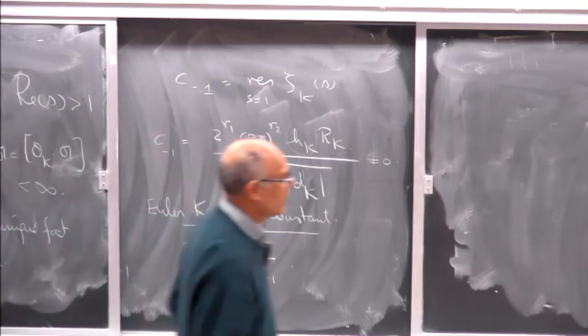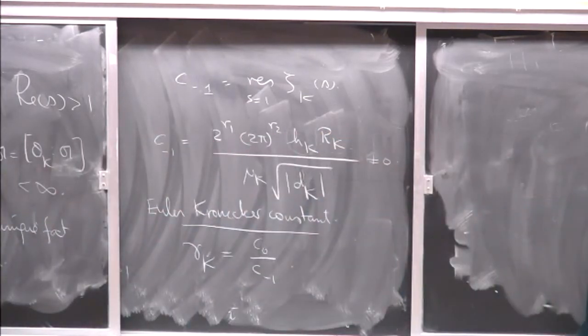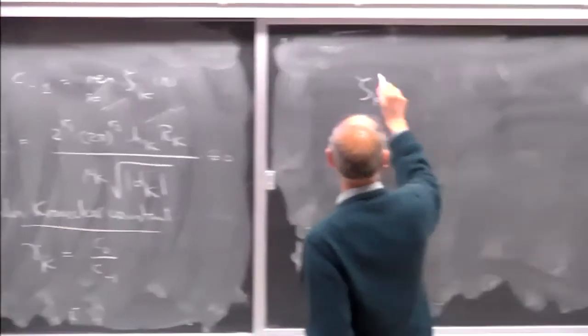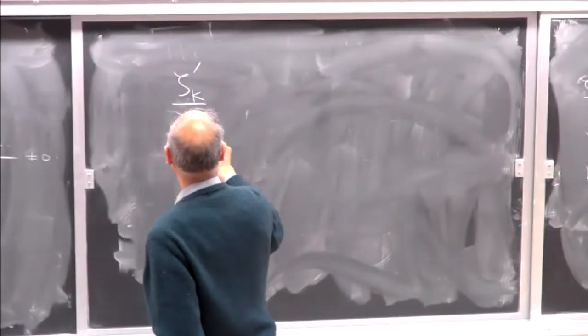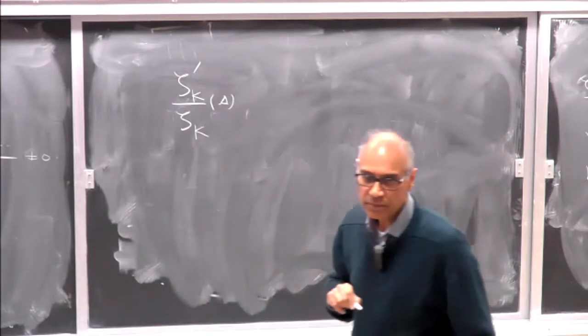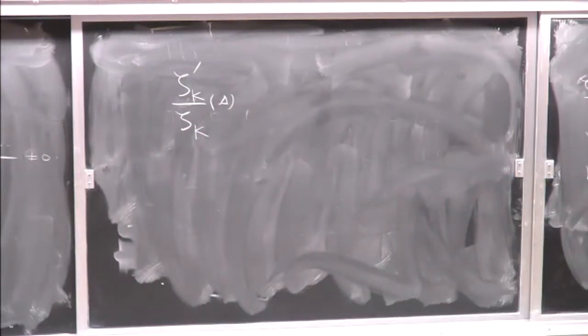Now, there's another way to write this, which might look a little bit more natural. Namely, suppose that instead of the zeta function, I look at the logarithmic derivative. This is a nice thing to look at, because as you know, logarithmic derivatives of meromorphic functions have residues that are integers, right? So if the zeta function has a simple pole at s = 1, this will have a simple pole at s = 1, and the residue will be minus 1.